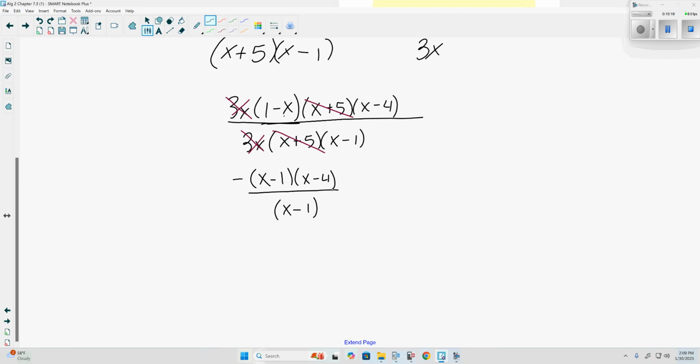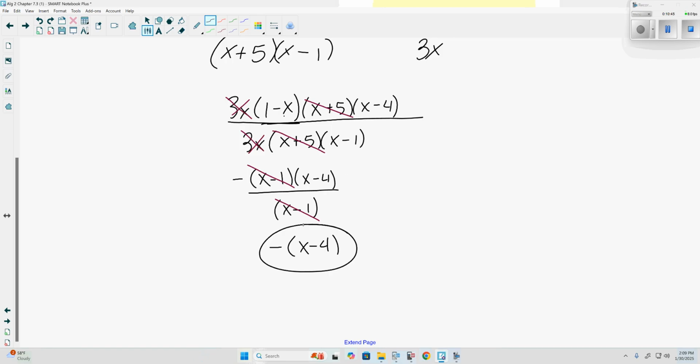So if you have two sets of parentheses that are almost the same, except that every term sign is flipped, we can pull a negative out of one of them to get them to match up. And yes, now our x minus 1 and x minus 1 will simplify, leaving us with negative x minus 4.